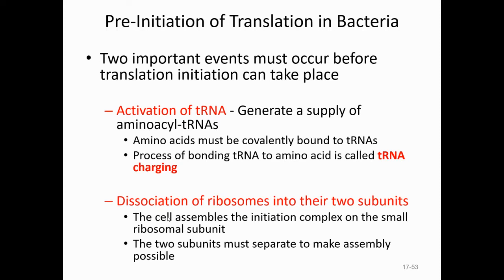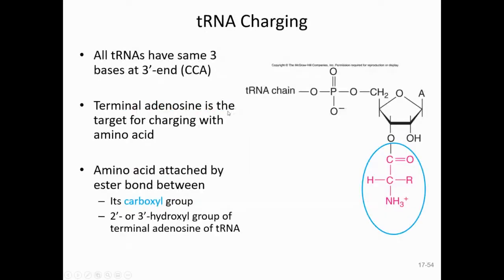Because the small subunit will need to find the messenger RNA, bind the messenger RNA and then initiate the translation. So the large subunit must dissociate from the small subunit. So these are the two events that need to happen before the initiation: the activation of the tRNA and the separation of the subunits.